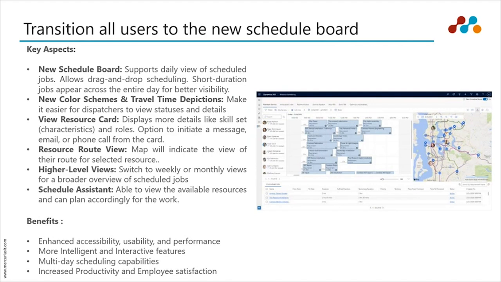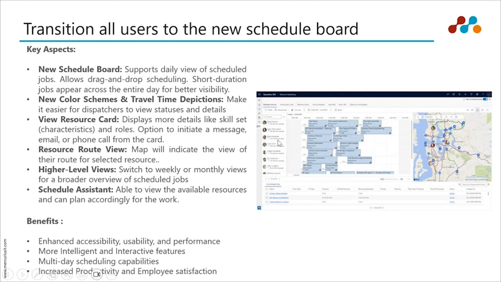So rather than that, with the new color scheme, a dispatcher can easily identify the status of the work order. Other than that, there are some other major updates across the new schedule board. There is a resource card.